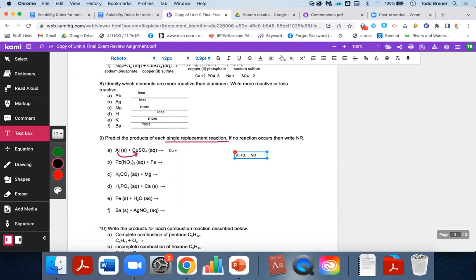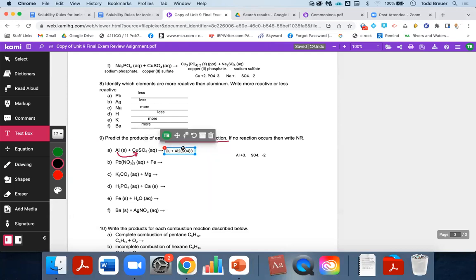Aluminum is +3, SO4 is -2. The charges of those ions tell us that we should have 2 aluminum and 3 SO4 when we write the products. So it would look in that nature. Of course, we'd make those numbers small numbers, not large numbers like that.